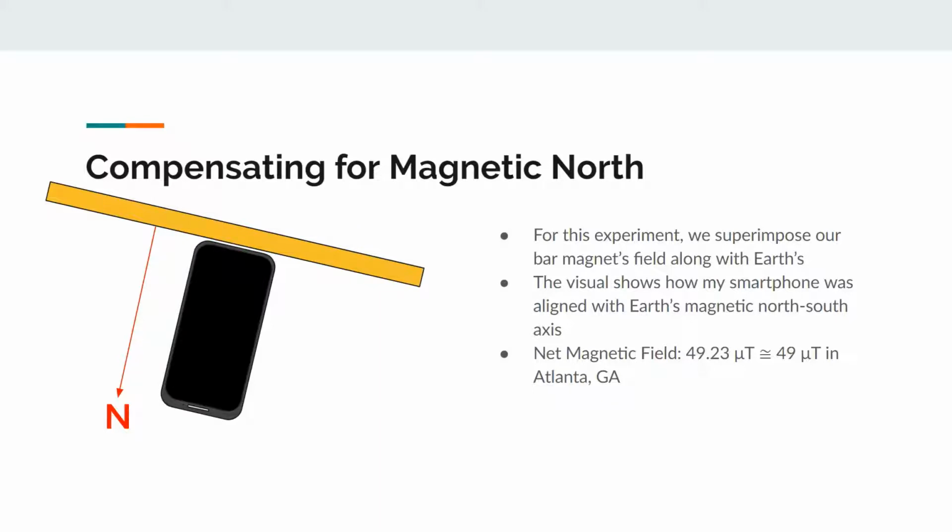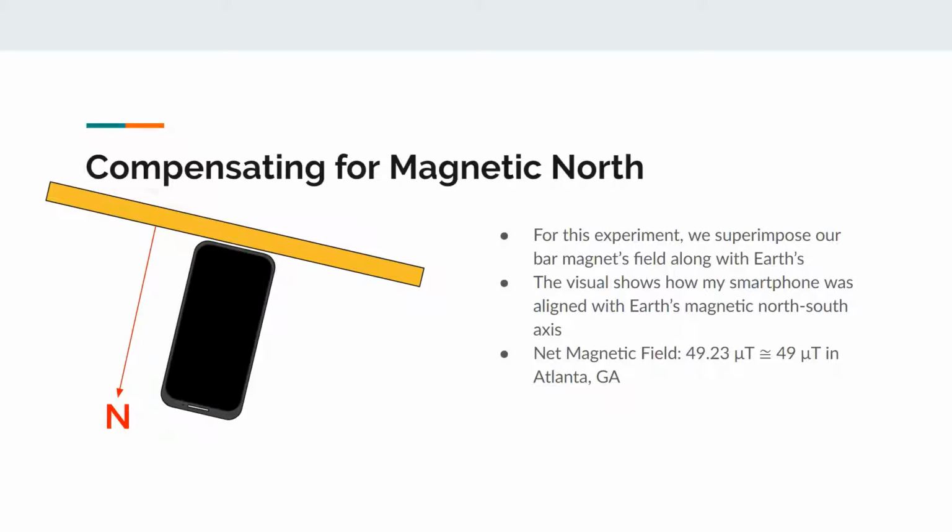For compensating for magnetic north, this was the first procedure that we had to do in order to set up our experiment. We took our smartphone and superimposed it along the bar magnet's field along with Earth's magnetic field.